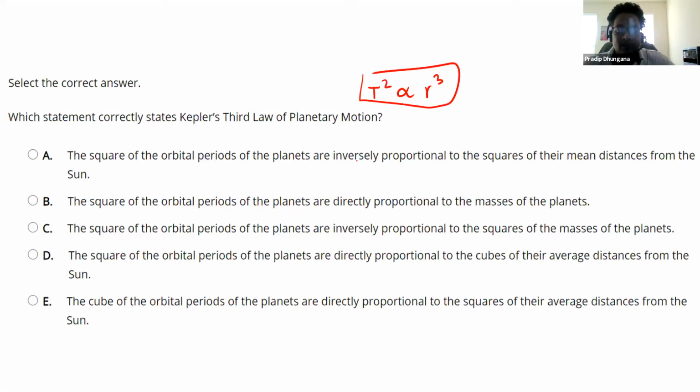So the first choice, it is inversely proportional, that's incorrect. The second choice, directly proportional to the masses, wrong. Third one, square of the masses, wrong. Fourth one, the square of the orbital periods of the planets are directly proportional to the cube of their average distance from the sun. So that is the correct choice D.